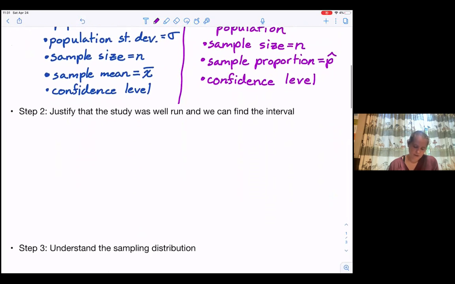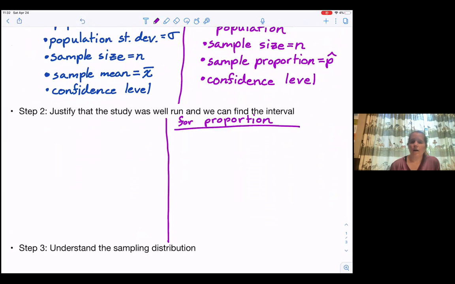All right, from here, next we have to justify that the study was well run and that we can find the interval. So for proportion, we needed a good sampling technique. And for a good sampling technique, it had to be random and from the entire population.